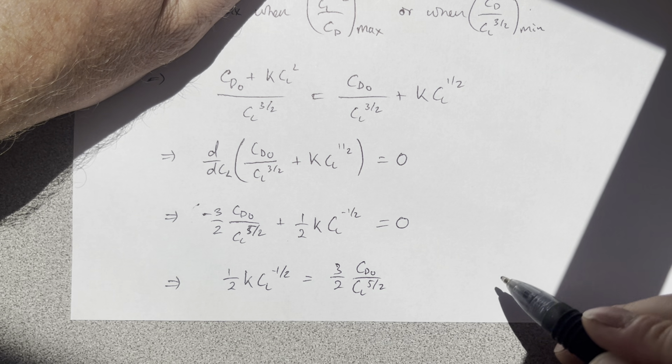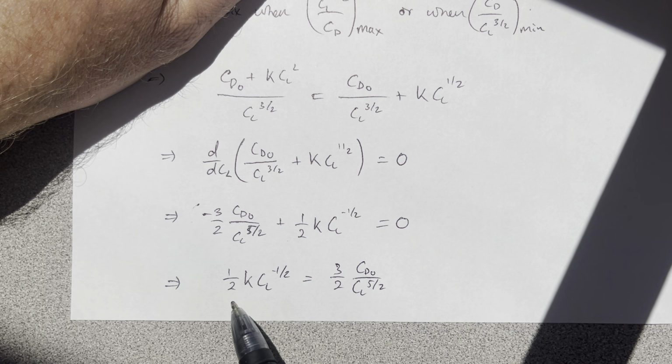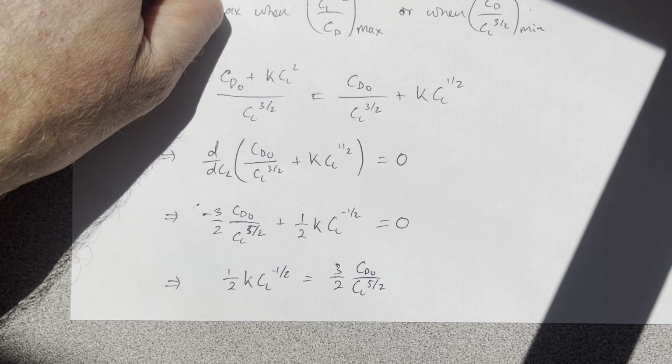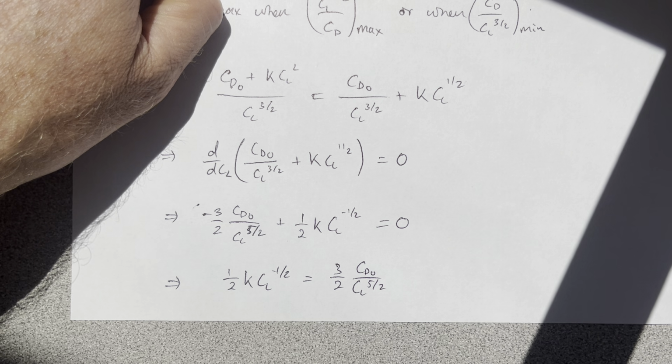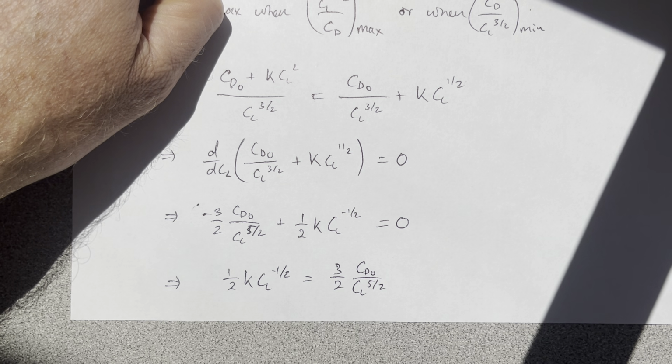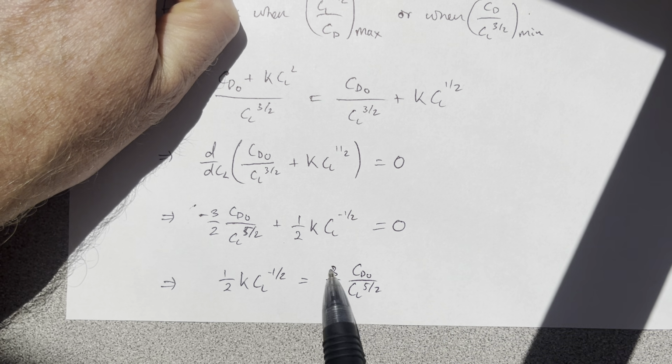Now if I multiply both sides by 2 and also multiply both sides by CL to the 1/2, hang on, let's do this the other way around.